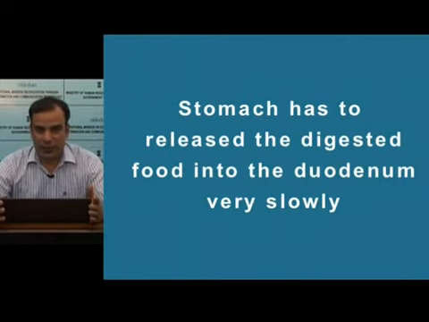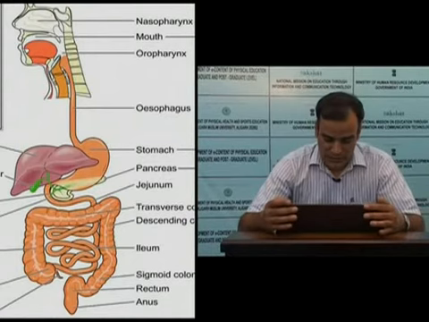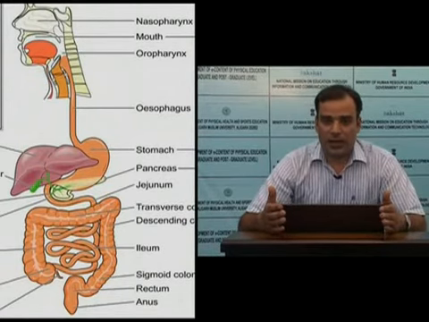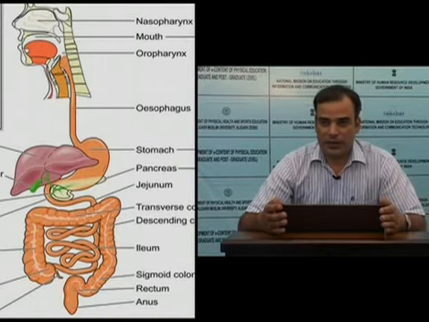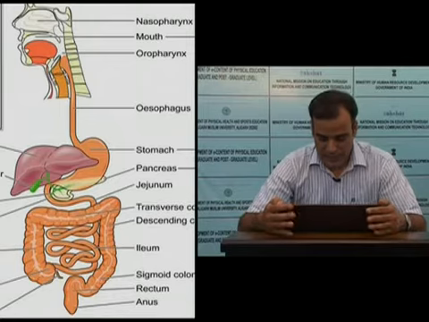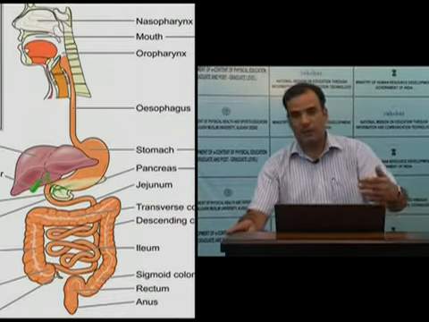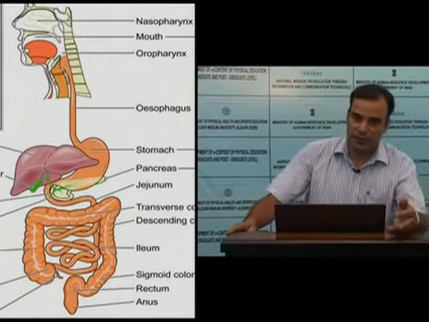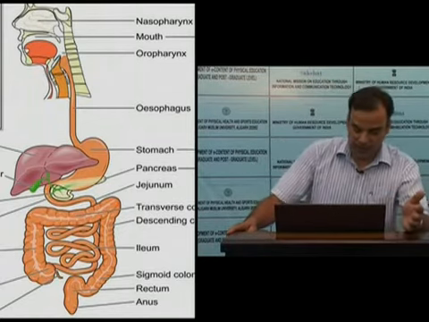and the mixing movements. That is, both propulsive movements and mixing movements take place in the small intestine. The mixing movements of the small intestine are called segmentation contractions, and the propulsive movement here is called peristalsis. Following the small intestine is the large intestine, where there are two types of movements, propulsive and mixing.